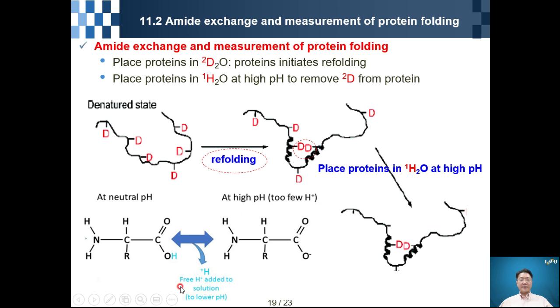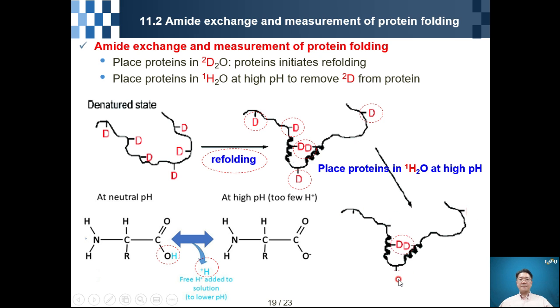So this H, which is located at the carboxyl group, can be released into the solution, so this H can be removed. So we place the proteins in H2O at high pH to remove deuterium from the proteins. This deuterium is not involved in hydrogen bonding, so it can be removed like this.